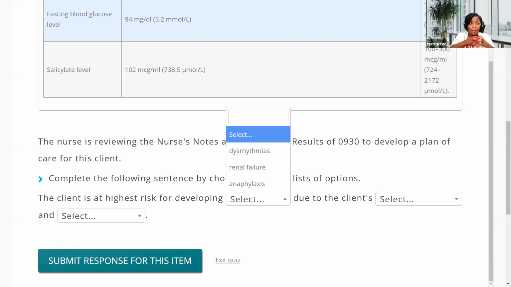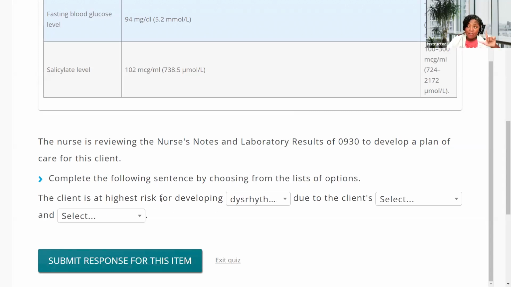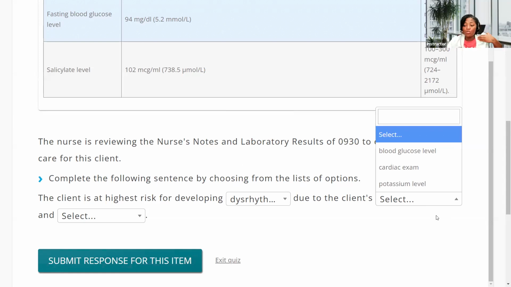So when you have too little of it or too much of it, it can cause the heart to be disrupted. Dysrhythmias is the problem. Okay, so the client is at risk for developing dysrhythmias due to the client's what? What is the direct connection there with the dysrhythmia that I just said? I gave y'all the answer.